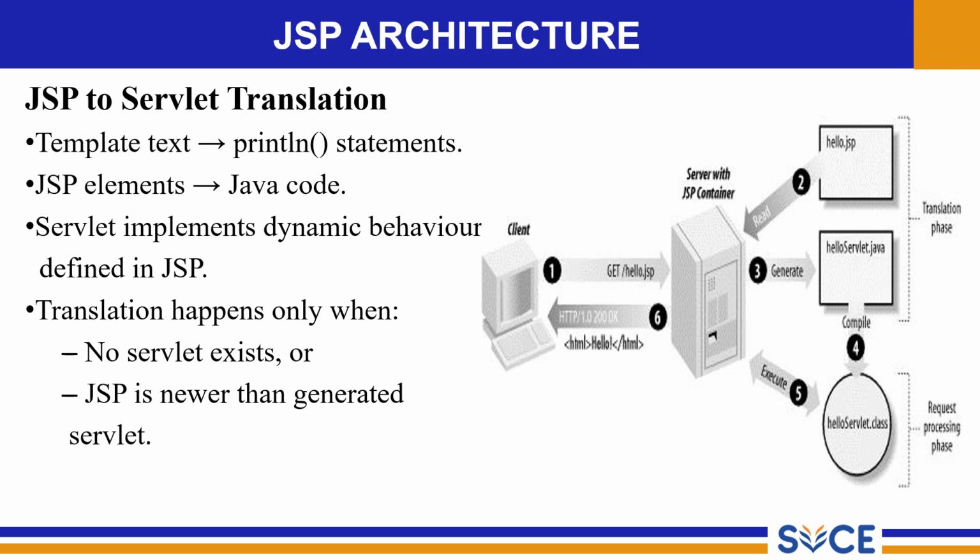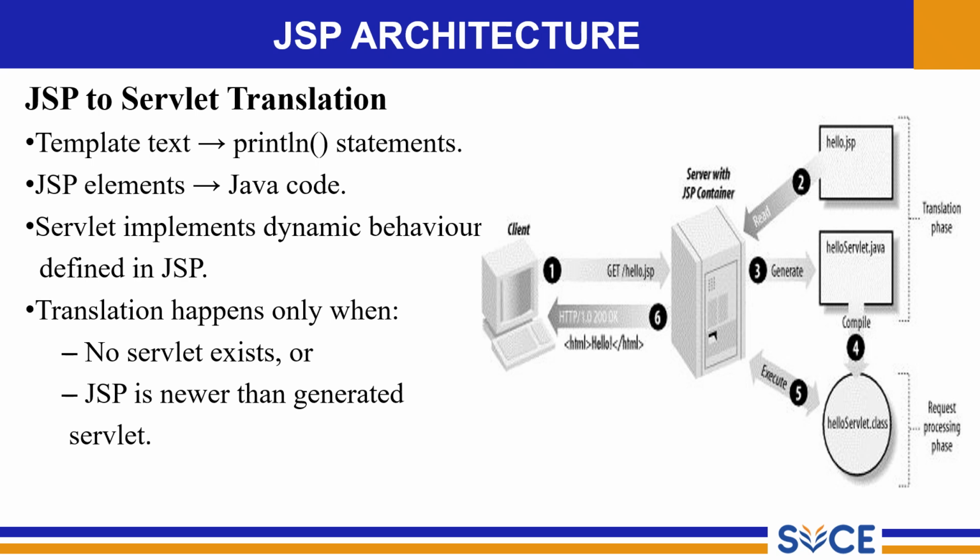Once the translation is complete, the servlet is compiled into a class file and can be executed by the servlet engine. This servlet is now capable of generating the dynamic behavior originally defined in the JSP file, such as accessing a database, displaying user-specific content, or responding to form input.